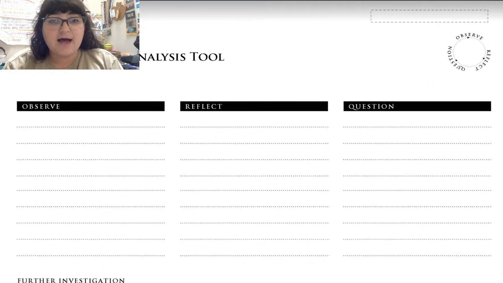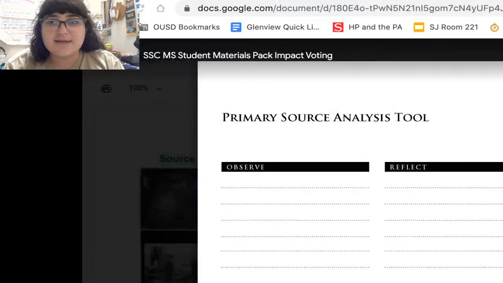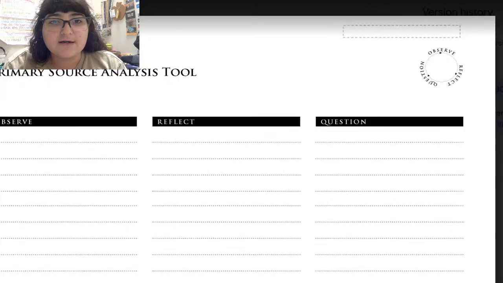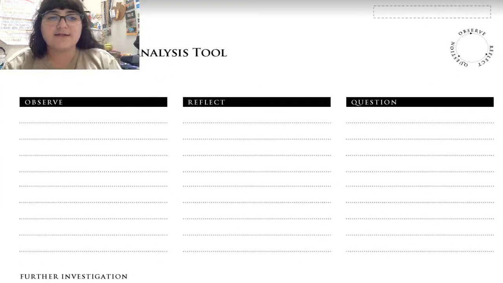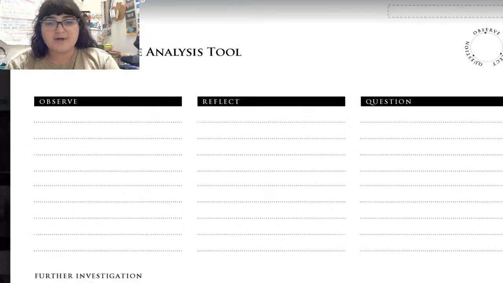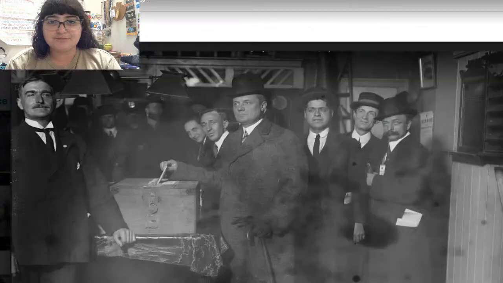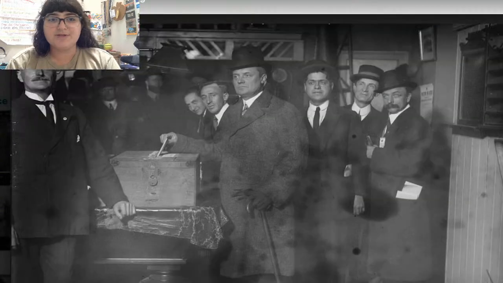Okay? I'm going to try to make this a bit smaller so that you can see it clearly. Okay, let's hope that that does the trick. And we're going to go through and I'm going to show us some photos. So here's the first photo.